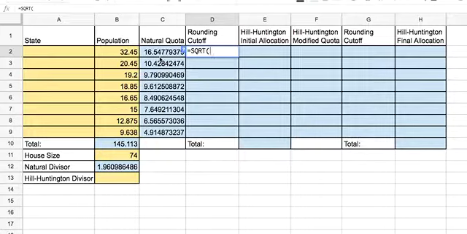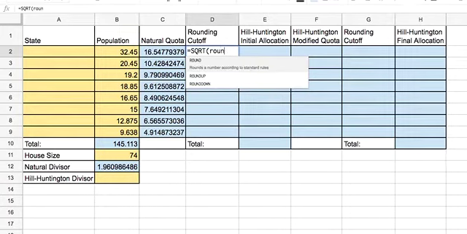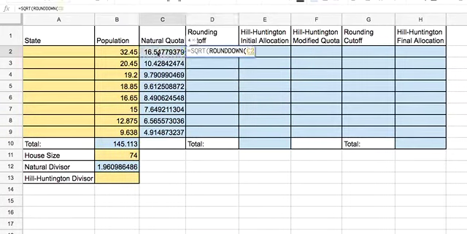So, do we know any formulas that say round down this number? Yes, we do. I'm going to take the square root of our natural quota rounded down, multiplied, make certain you put in the asterisk. It does not like just the formulas touching. So, round down multiplied by that number rounded up.